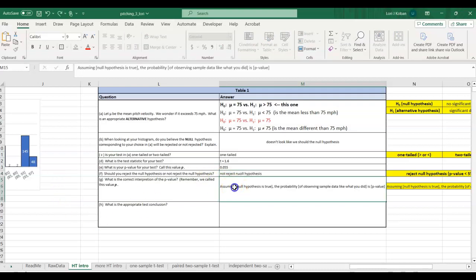Now let's put the p-value into a statement. The p-value says, assuming the null hypothesis is true. Our p-value, remember, is 5.5%. So assuming the null hypothesis is true, the null hypothesis is that mu is 75.